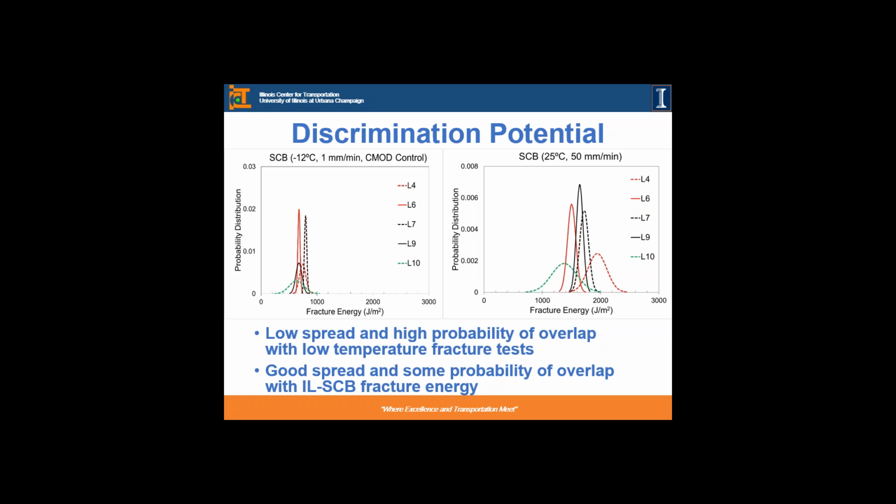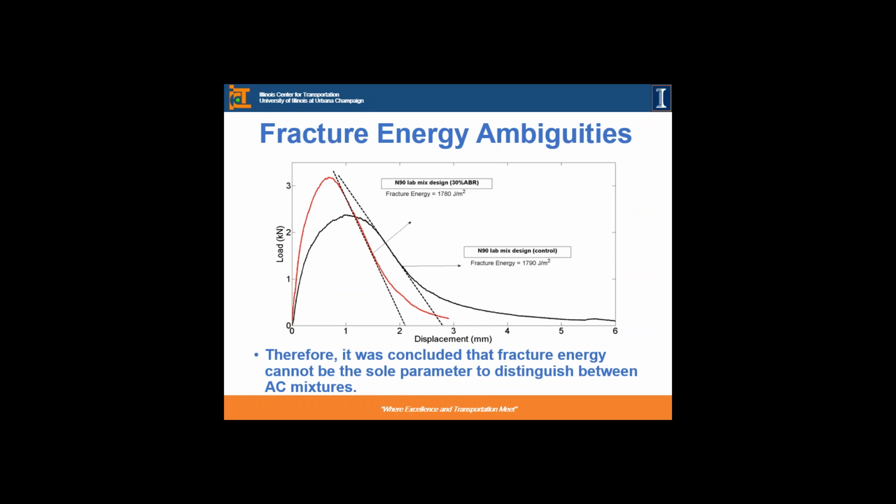At 25 degrees Celsius there is more spread in the data, and some of these mixes will probably be separated statistically, but we still think that's not enough to separate those mixes, which we think are distinctively different from each other. So good spread, some probability overlap with the fracture energy, but not enough for the scope of the project. That's why we looked at other alternatives for what we can get out of this test.